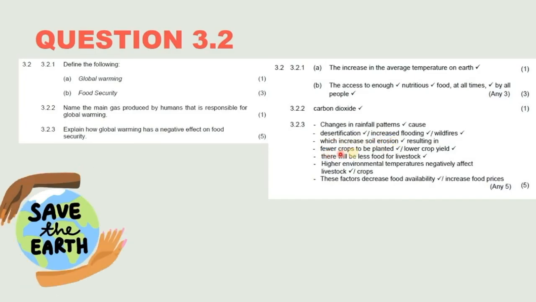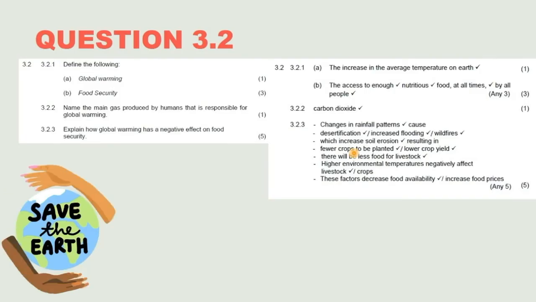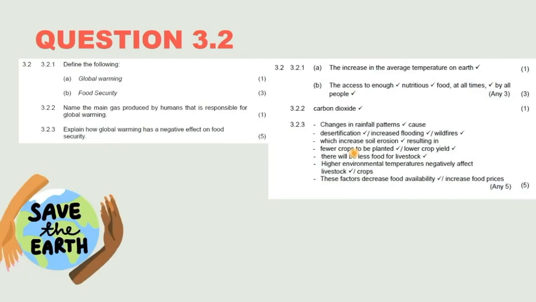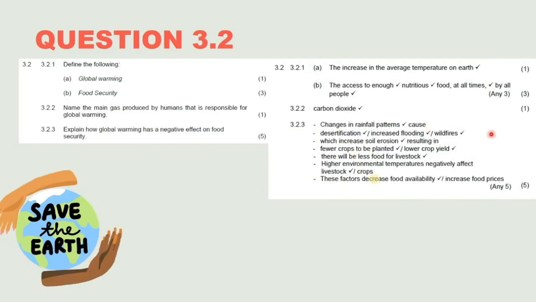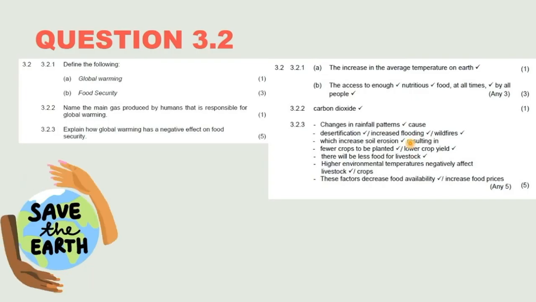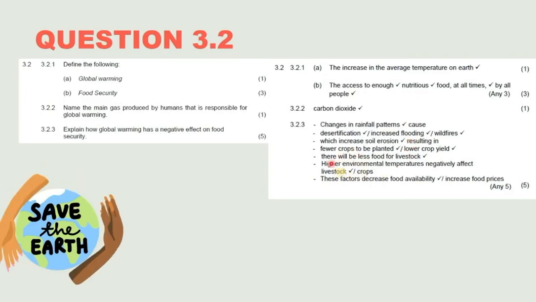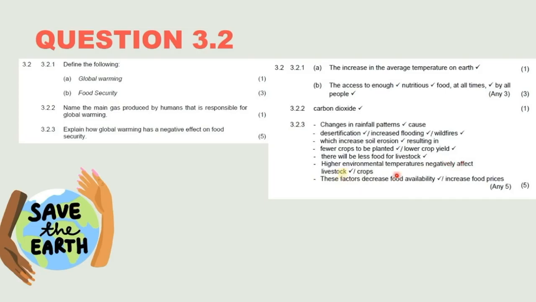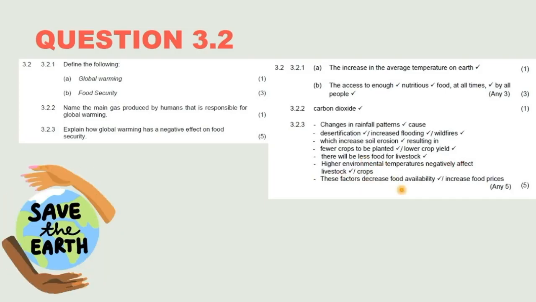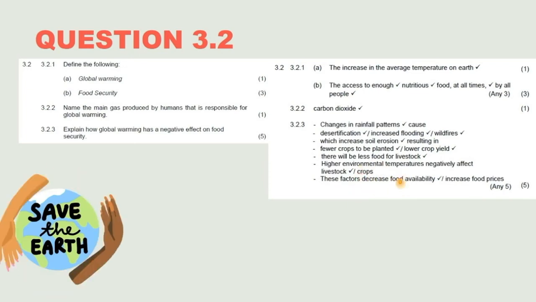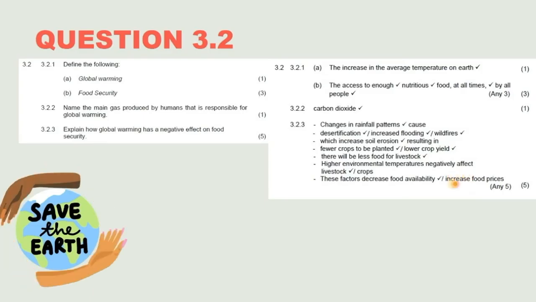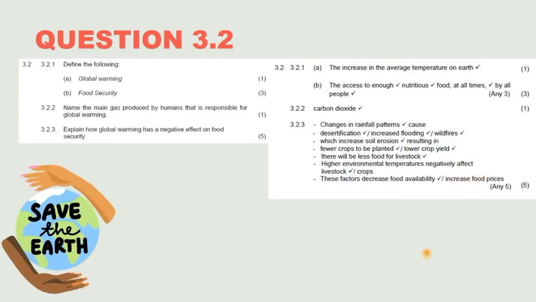Again, we will lose the fertility of the soil, so fewer crops will be planted, or there will be a lower yield. Then there will be less food available for livestock as well. The higher temperatures will also have a negative effect on livestock and crops, as they decrease the rate of photosynthesis and decrease the availability of food. And obviously, eventually an increase in food prices.